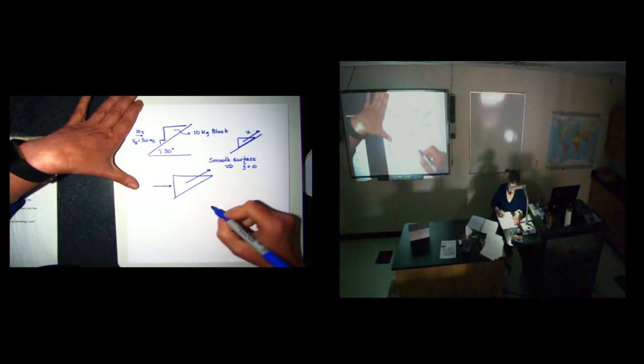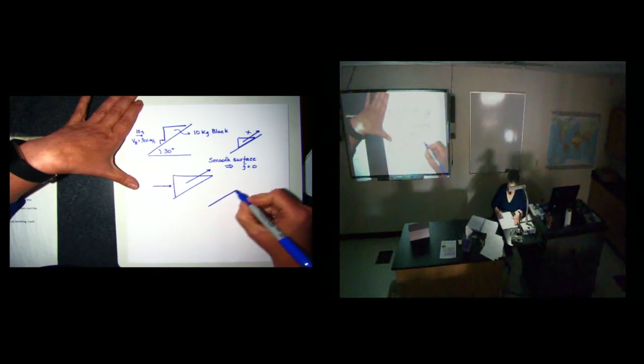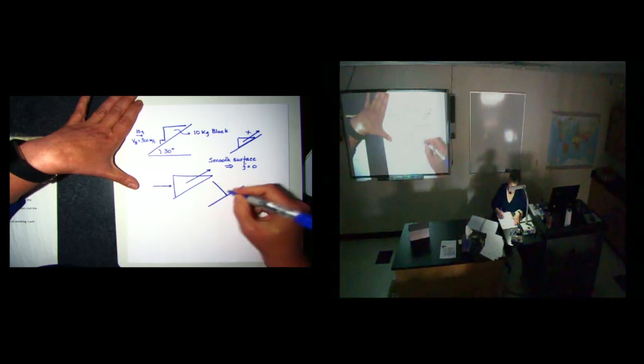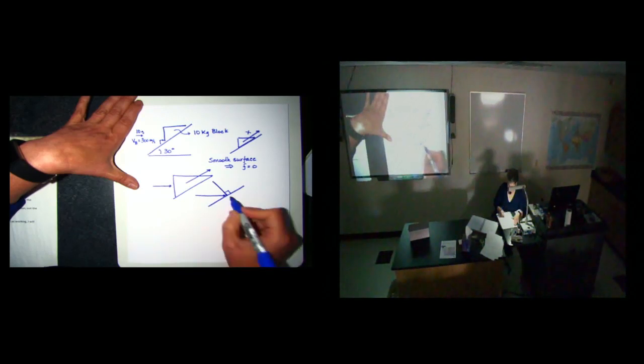Because what I want, I'll give myself some geometry here. What I want is the velocity perpendicular and the velocity parallel. And I'm given this velocity is 300 meters per second.